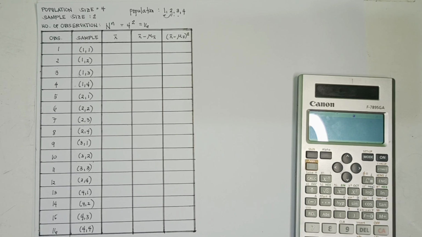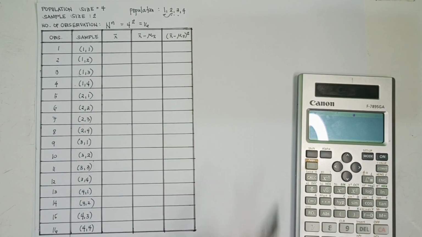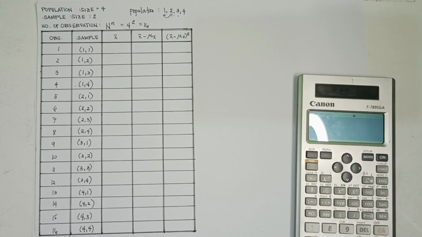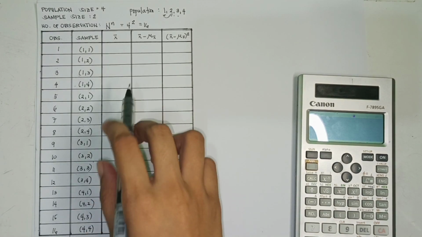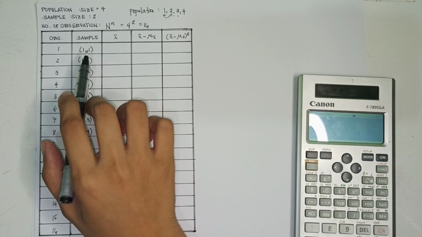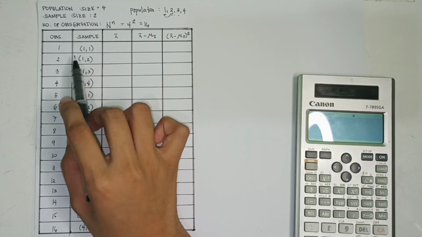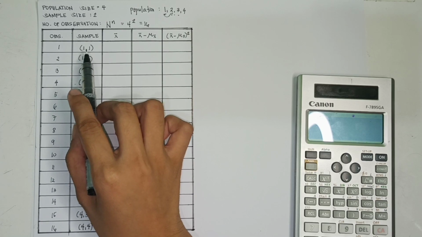Okay, so next, let's proceed to the next column. For our next column, that is the mean. Okay? That is the sample mean, x bar. Again, to solve for x bar, the sample mean, just add these two numbers, then divide by 2. Get the average.